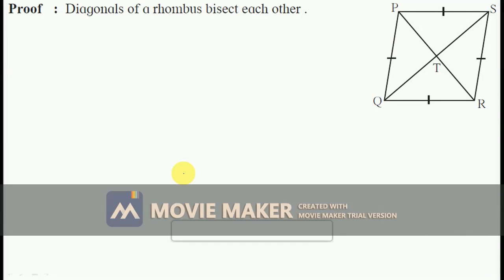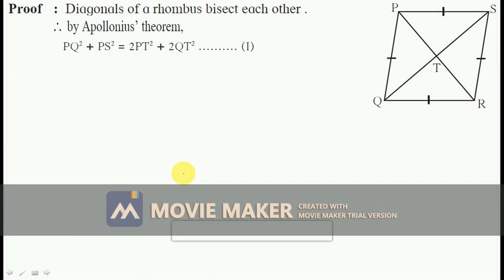Proof: diagonals of a rhombus bisect each other. Then by Apollonius theorem, we can write PQ square plus PS square equal to 2PT square plus 2QT square.